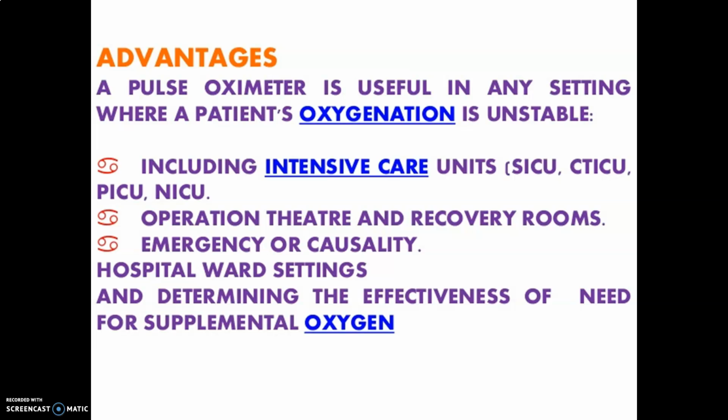That is why we have to check the saturation level, and we can check it with portable devices like your pulse oximeter. So these are the basic advantages of your pulse oximeter, which is very useful, and very much useful for emergency care among patients.